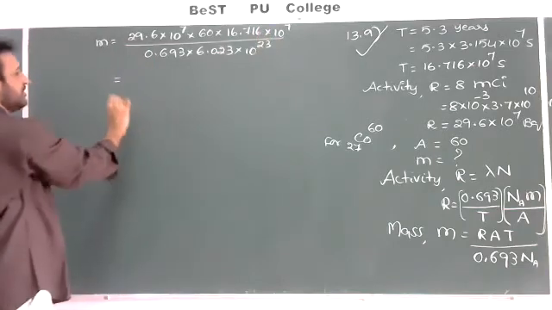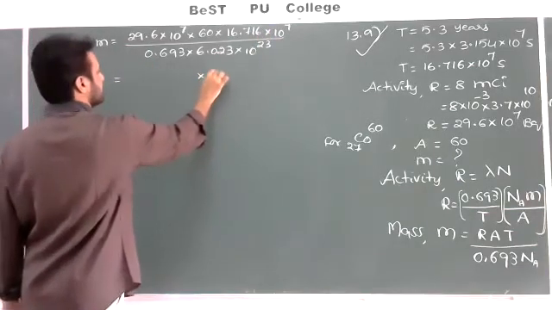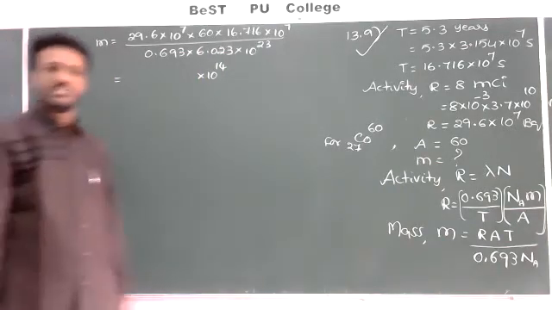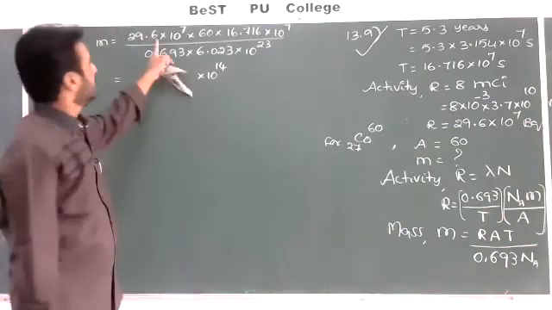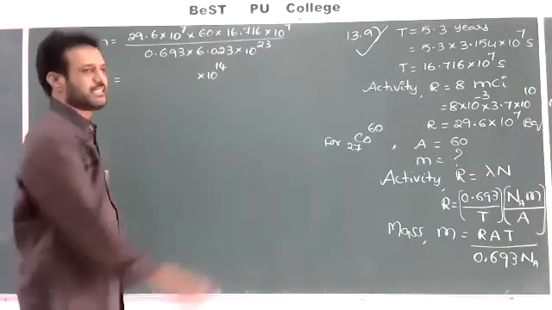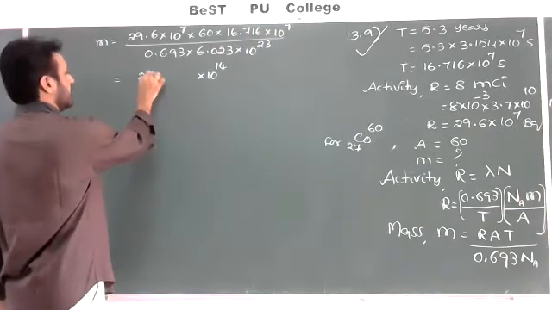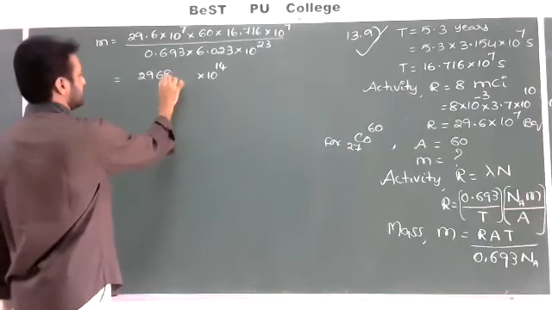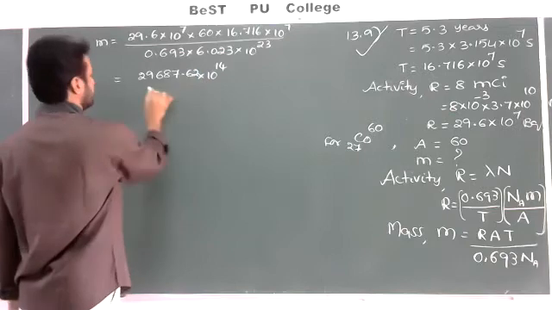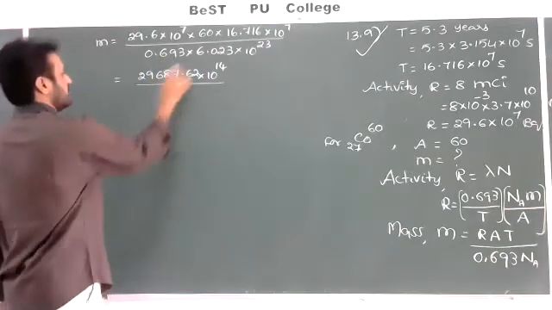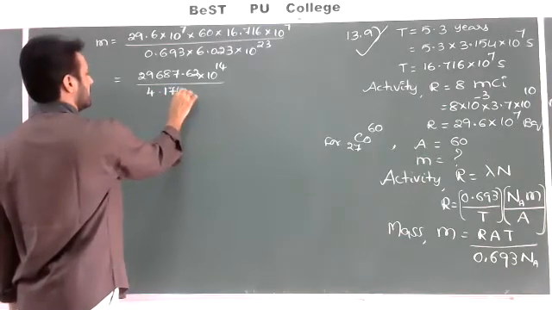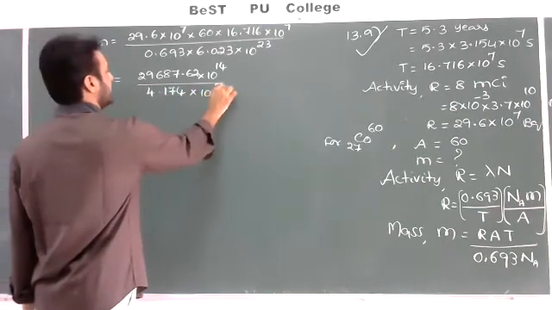First you should multiply the numerator value. Numerator value: 29.6 into 60 into 16.716. 2968, 7.62 we can round off, divided by these two, 4.17, means round off to 4 into 10 to the power of 23.